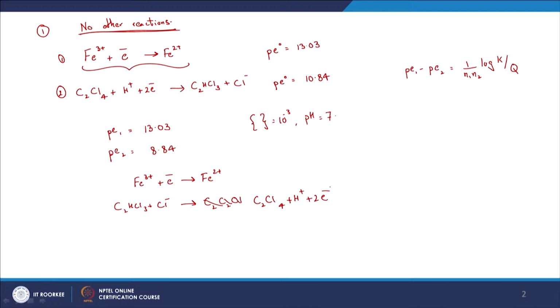This is how the system should proceed if there were no other reactions, because PE1 was greater than PE2. What does this mean? That C2HCl3 is going to reduce Fe3+, or ferric iron, to ferrous. But this is at odds with what you would observe out there, so we are going to try to understand why this is the case.